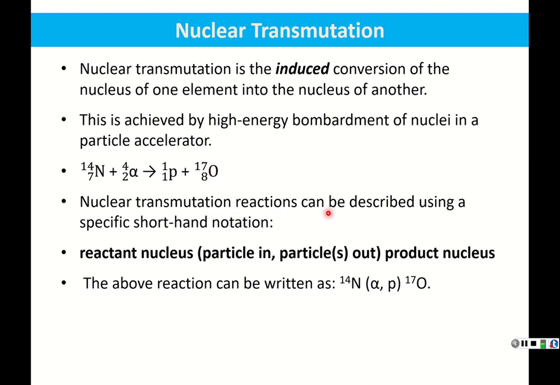These reactions can be described using specific shorthand notation: reactant nucleus, particle in, particle out, and product nucleus. So in the shorthand, this is written as N-14, alpha particle in, proton out, and oxygen-17 is the product nucleus.